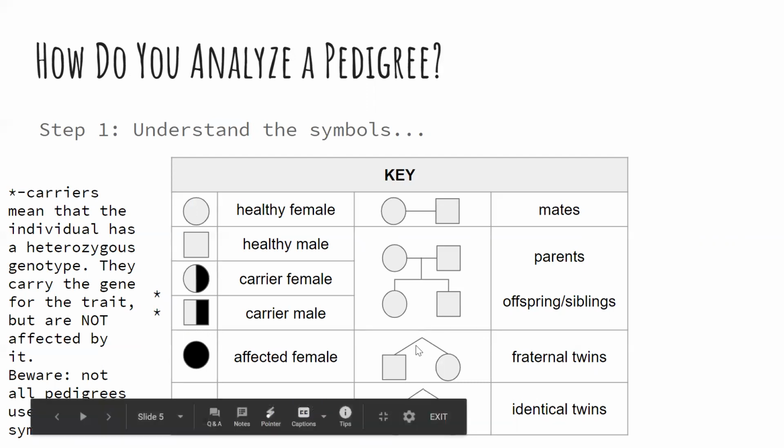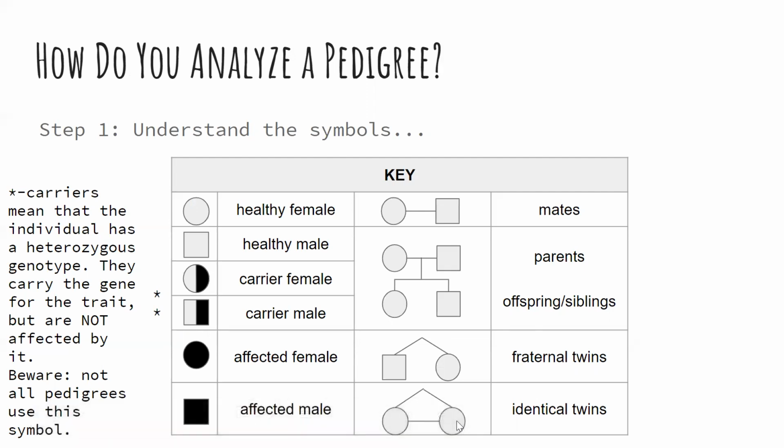If you ever see a line coming from a single origin and it's a male and a female, they are fraternal twins. But if you see a line bridging from a single point and they are connected and the sexes are the same, they are identical twins.